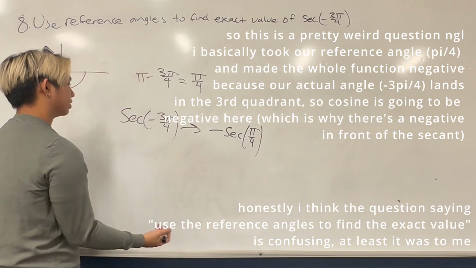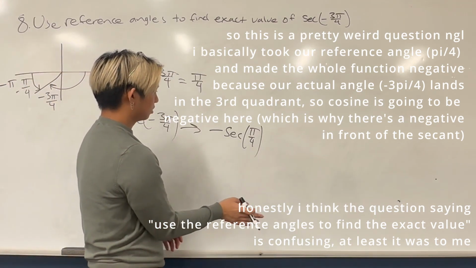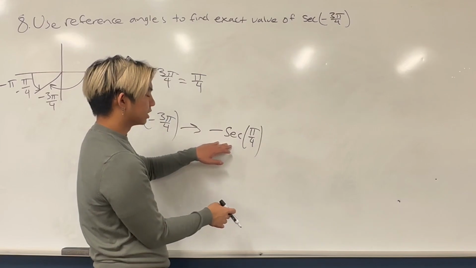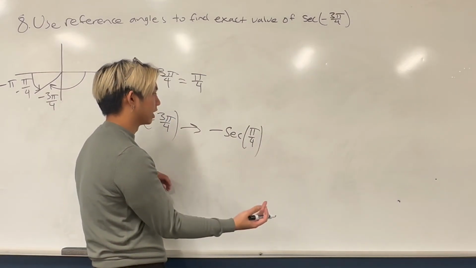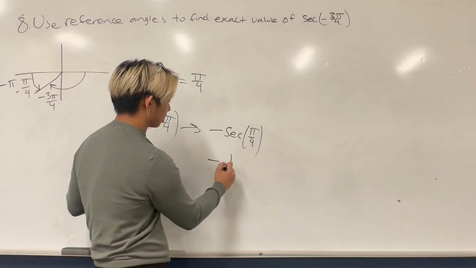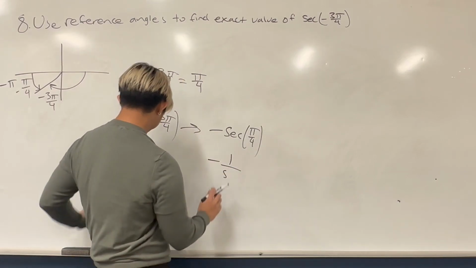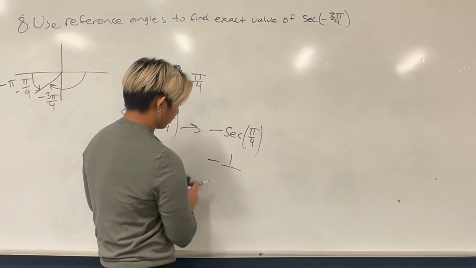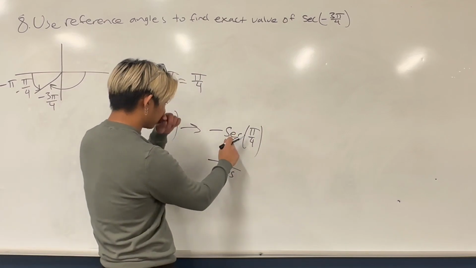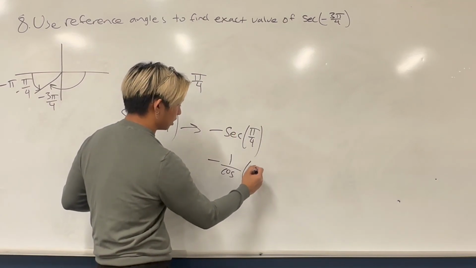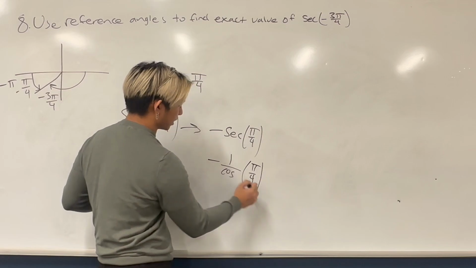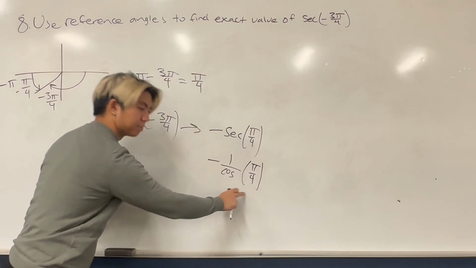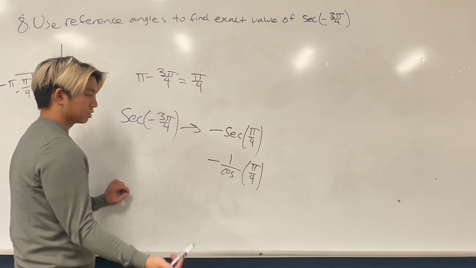And then if I were to break secant into terms of sine and cosine, it would look like negative 1 over, oops, this is cosine. So secant is just 1 over cosine of pi over 4. So then cosine of pi over 4 is what? This would be square root 2 over 2.